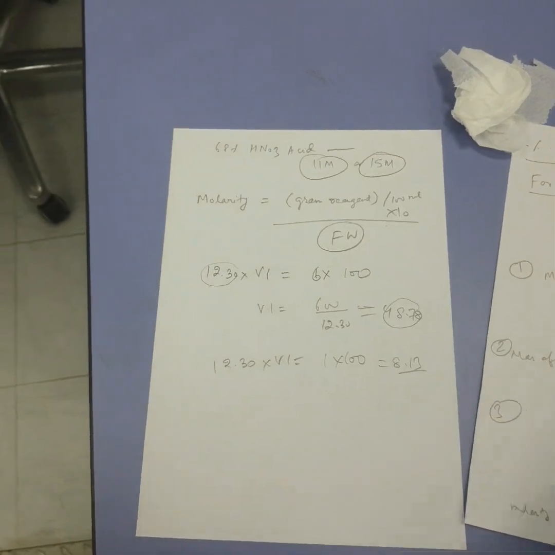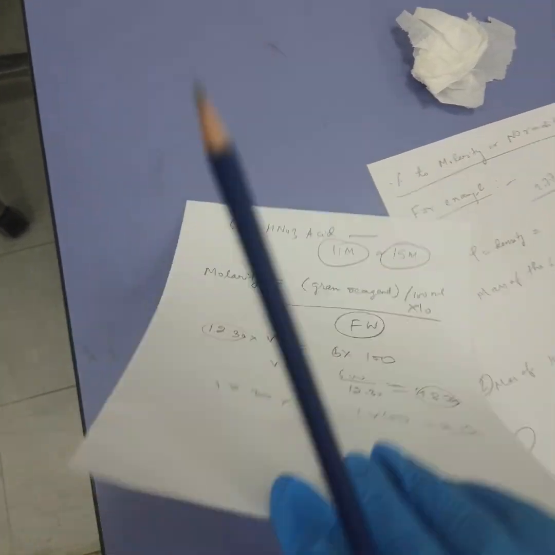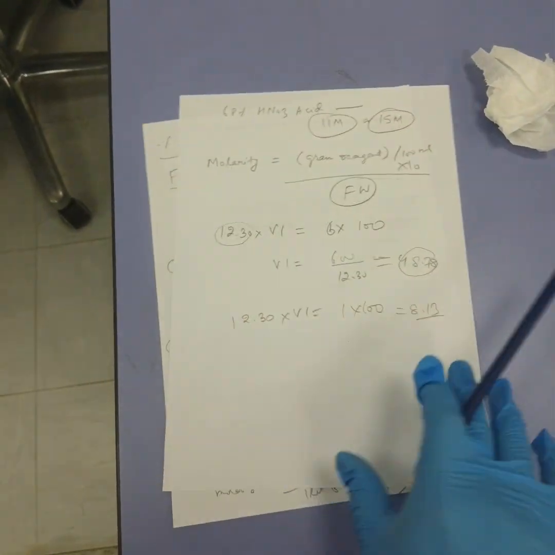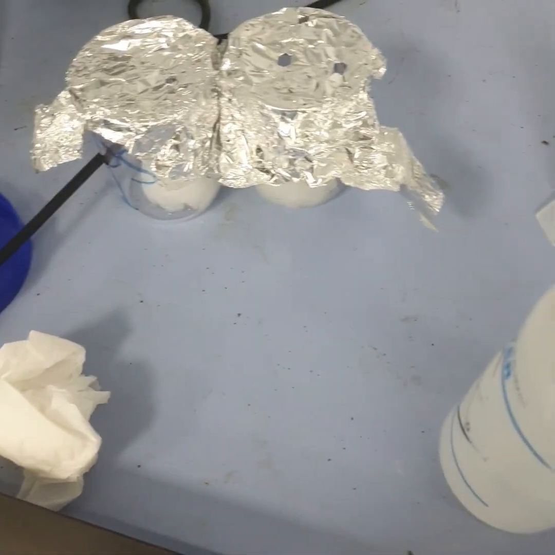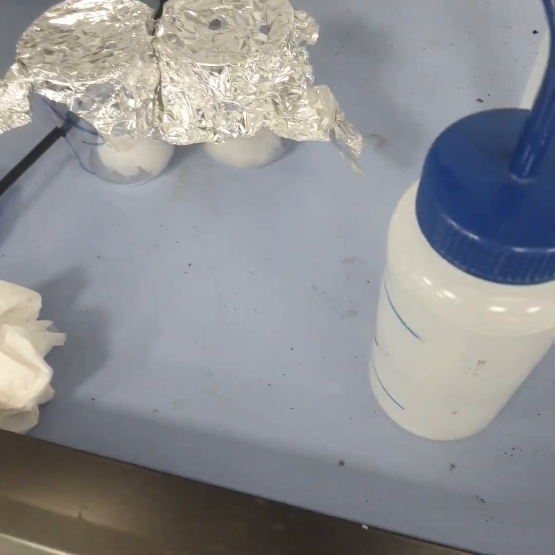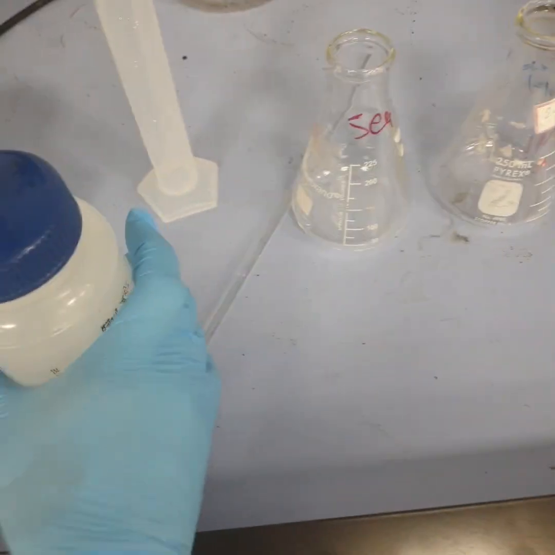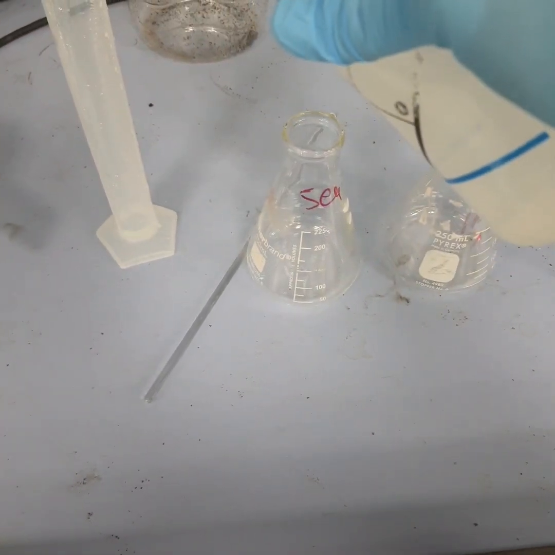Now let us prepare the lower molar solutions from the main stock. Since we are adding the acid, I am going to prepare 1 molar and 6 molar. I'll add a certain amount of water first.